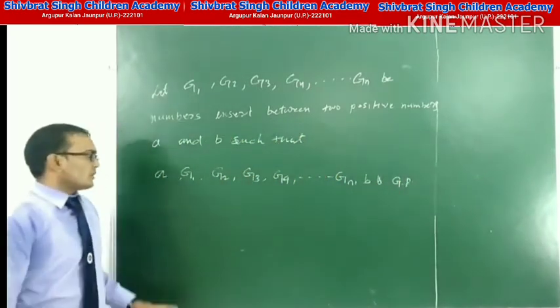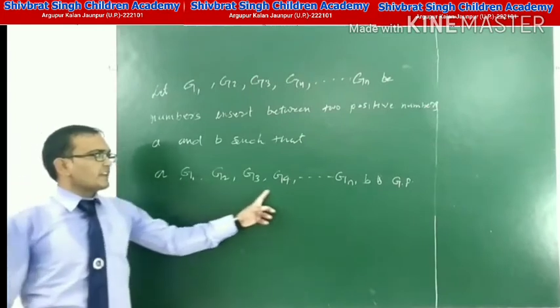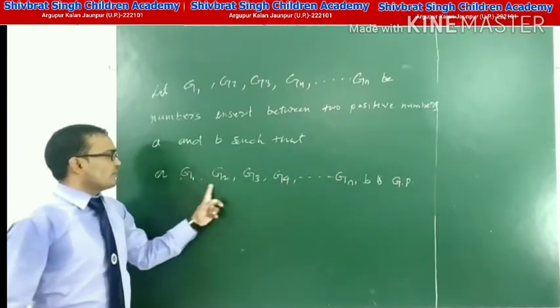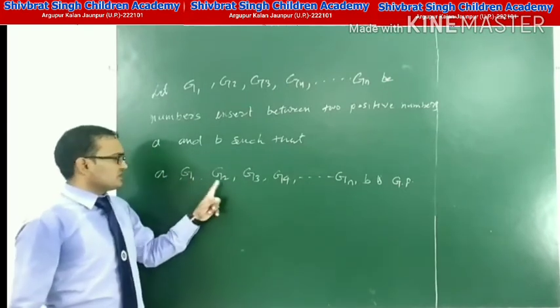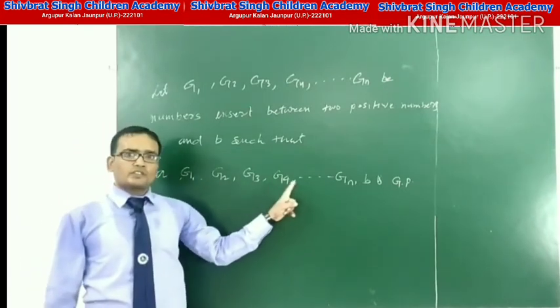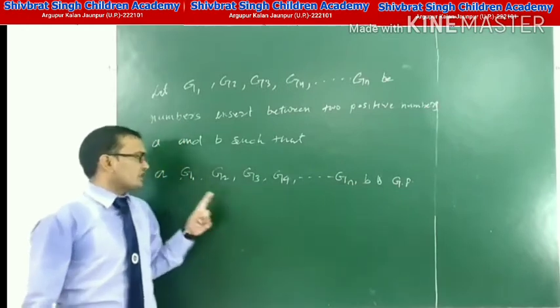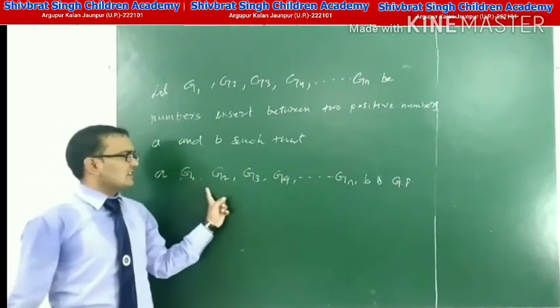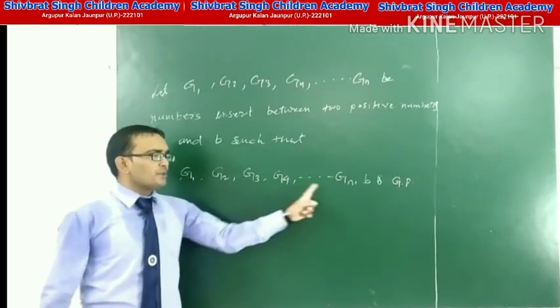Here we insert n geometric means between a and b. These G1, G2, G3, G4, Gn are the geometric means of the two positive numbers a and b, and they make the sequence a GP.